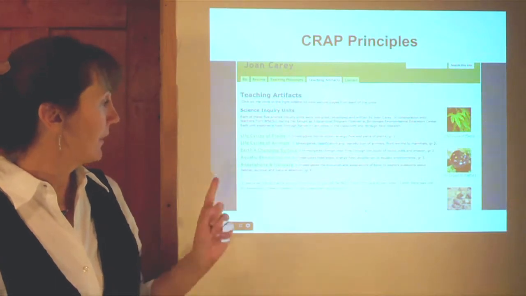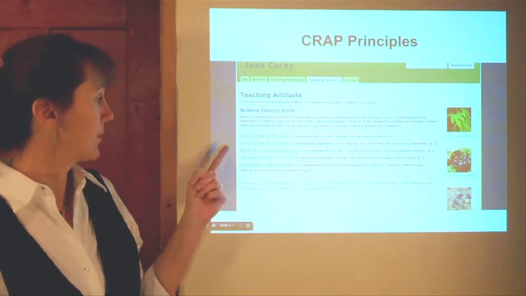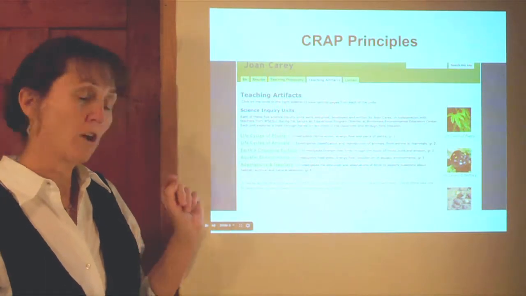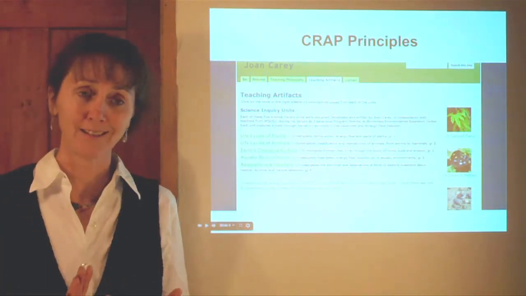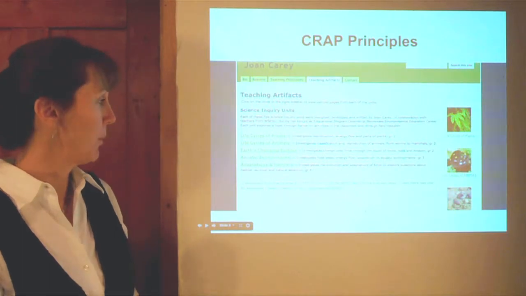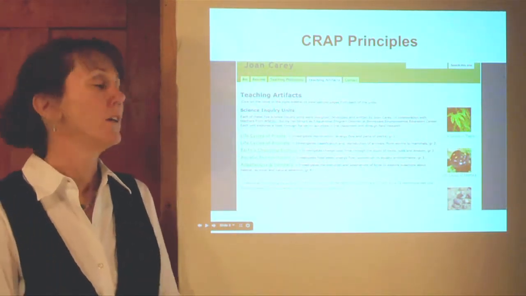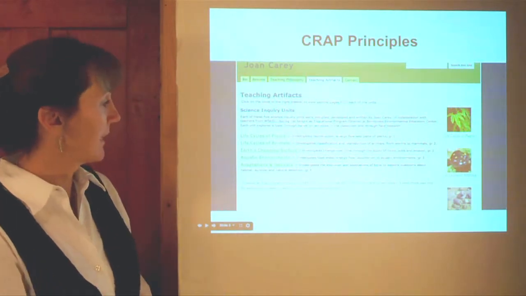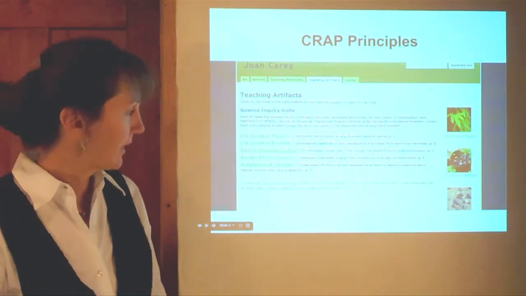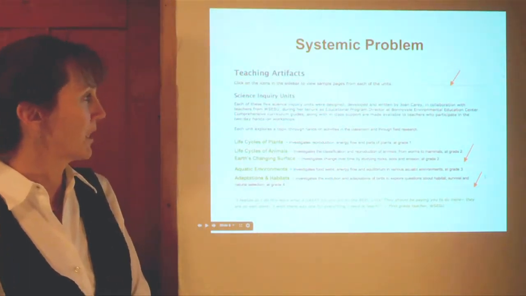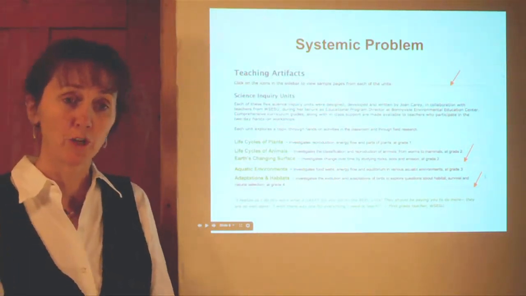I did have a little bit of difficulty, I'm not sure if you can see it on the screen, with some of the text here. This is all the same font size and style and color, and it's all bold, yet Life Cycle of Plants and Earth's Changing Surface are slightly different. This is related to a systematic problem that I had on this particular page, and I'm not sure why, but I thought I'd share it with you.